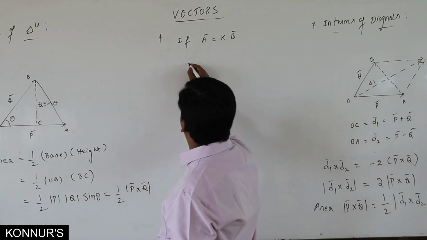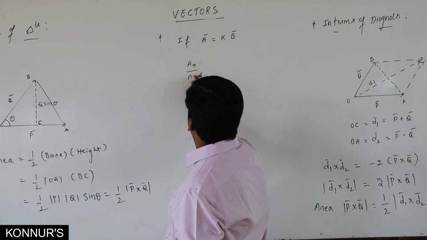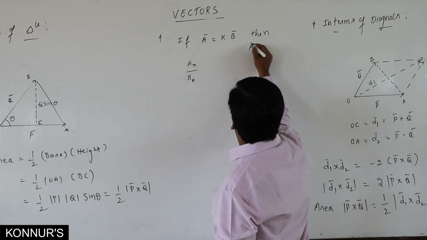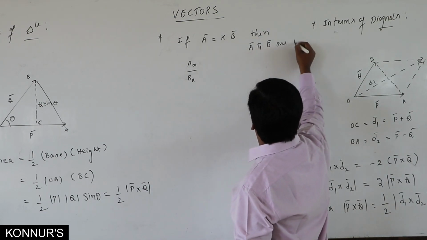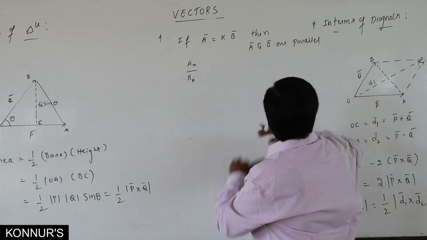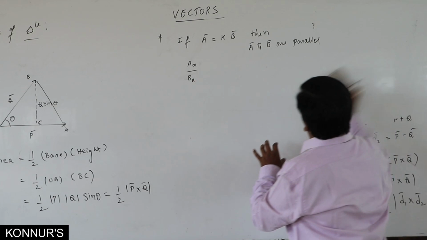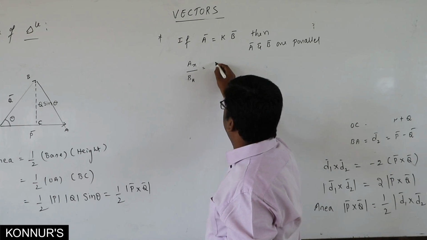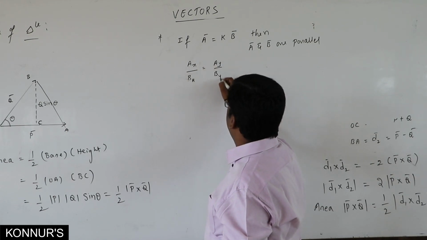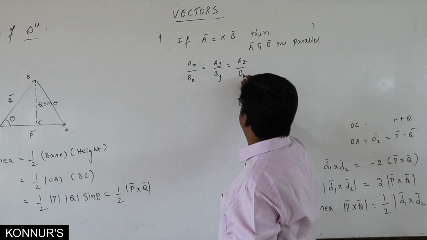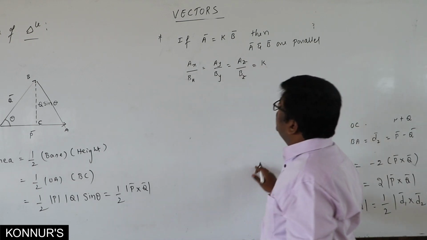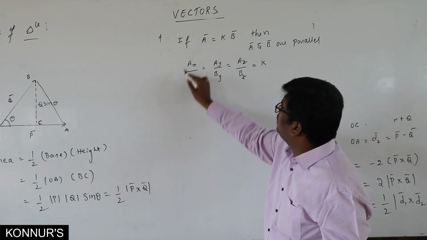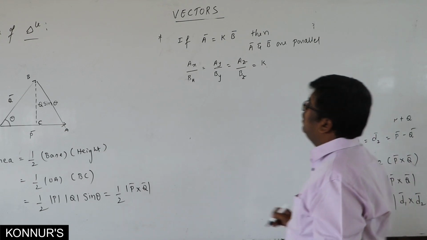Then if they are parallel, we can take the ratio AX by BX is equal to AY by BY is equal to AZ by BZ is equal to some constant. If any one unknown, AY or BX, is there, by using this relation we are able to find out that unknown.